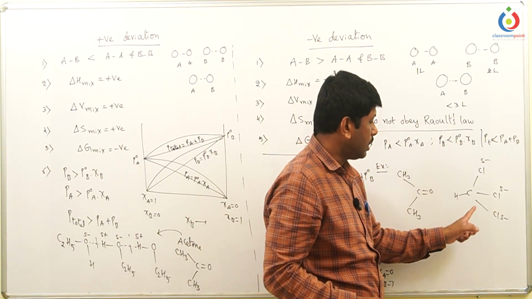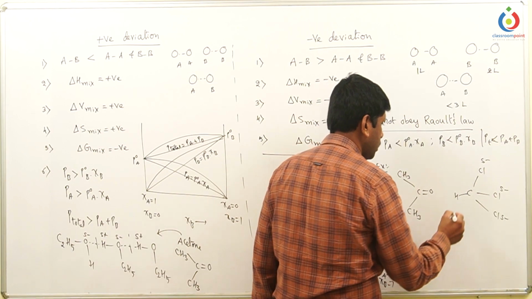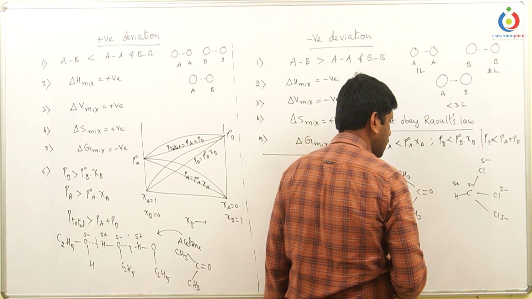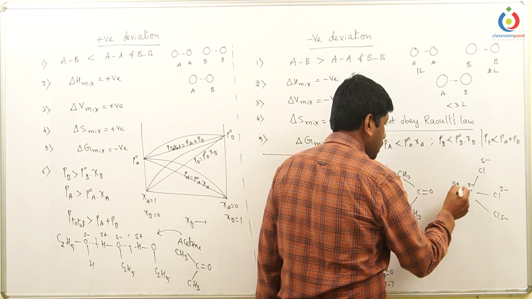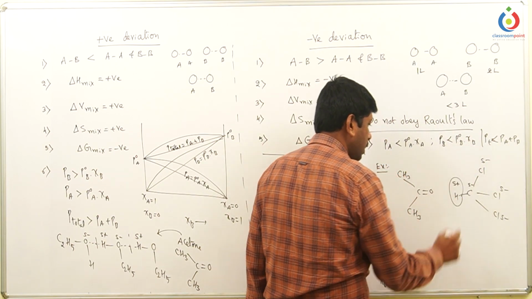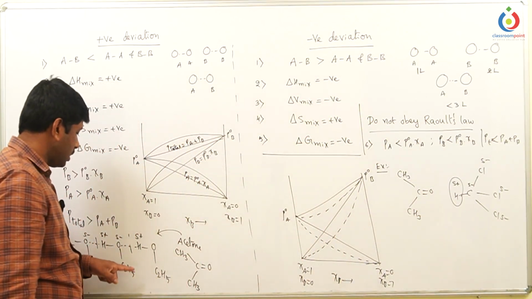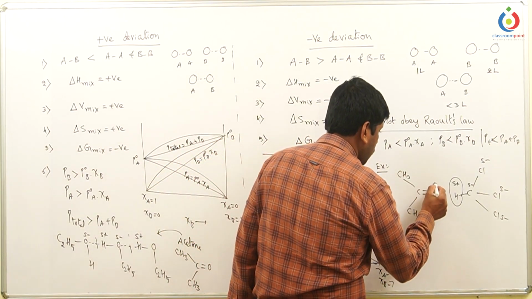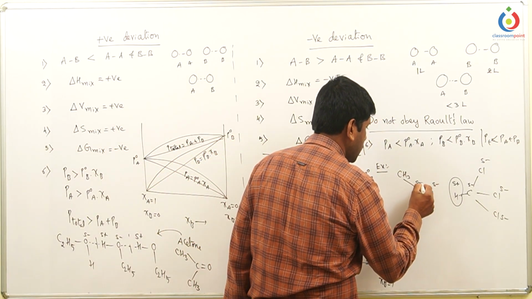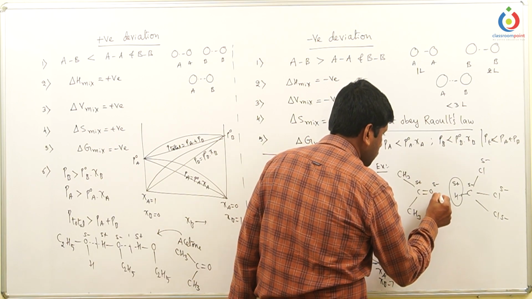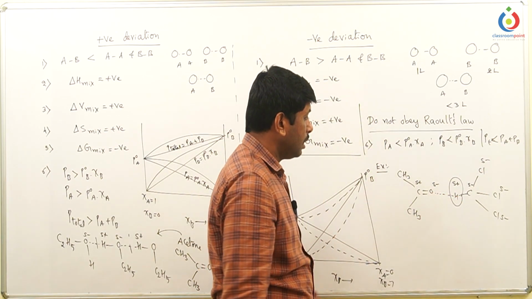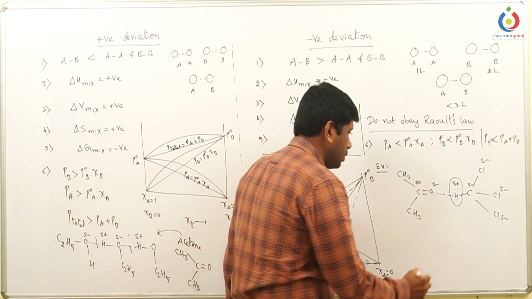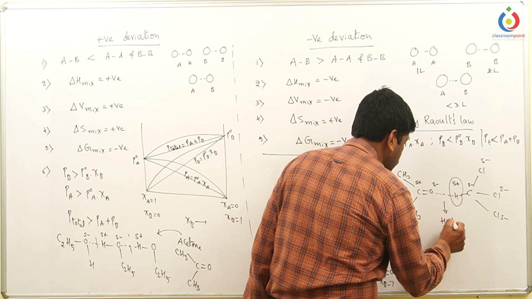To avoid that, carbon withdraws electrons from the hydrogen, so that hydrogen gets a partial positive charge and carbon gets a partial negative charge. Here oxygen gets a partial negative charge and carbon gets a partial positive charge. Some dipolar interactions are formed. This dipolar interaction strength is equal to the hydrogen bond strength. That's why we can call it a hydrogen bond in this case.